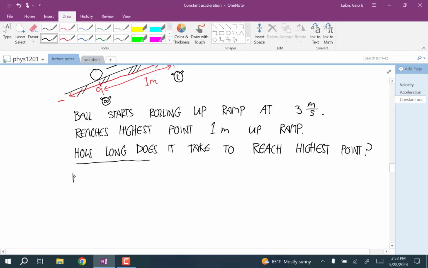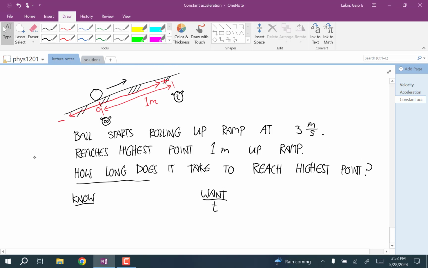And now we'll start thinking about what variables we know and what variable we want. Okay, we don't know how long it takes. That's what we're trying to find. We don't know the acceleration. The position at time t, we do know.